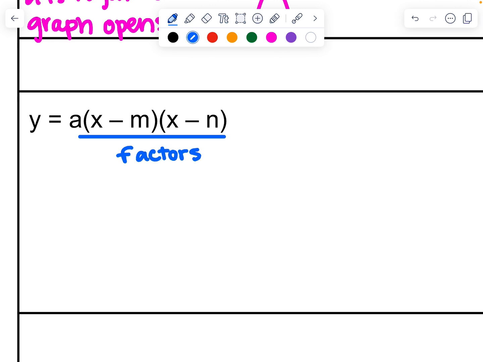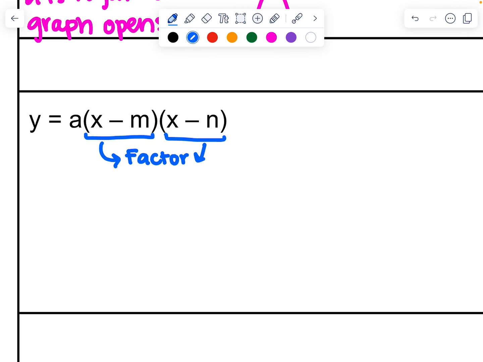Now, most commonly when I'm talking about a factor, I would say we have our first factor and our second factor. a is also a factor, but as it doesn't have an x value, it is not going to give you an intercept. So we have our two factors.